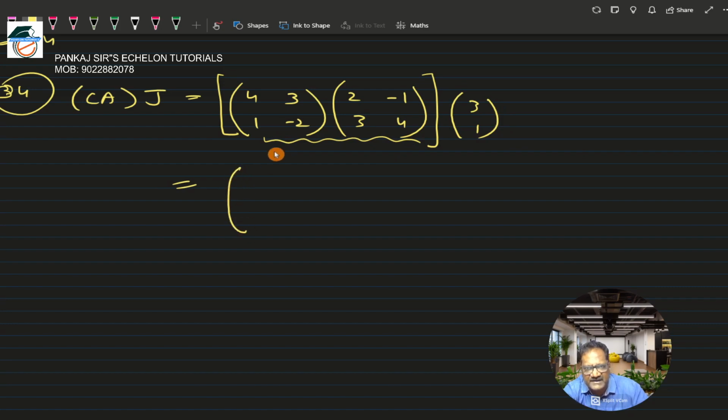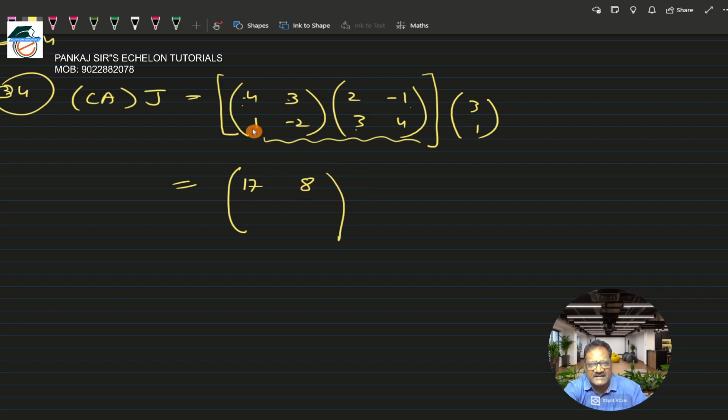So first we'll as usual work out this. This is 2 by 2, this is 2 by 2. So directly I'll do 4 2s are 8 plus 3 3s are 9. 8 plus 9 is 17. Then this position: 4 into minus 1, then minus 4 plus 12 will be 8.